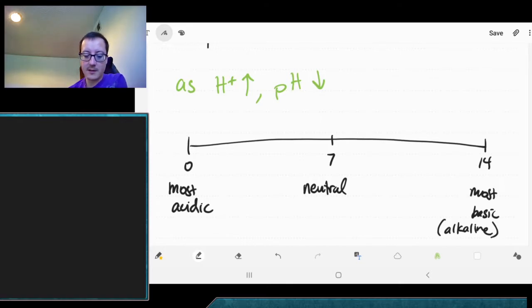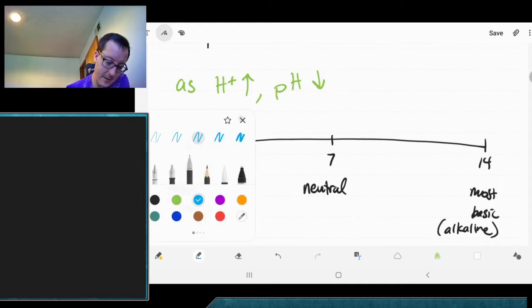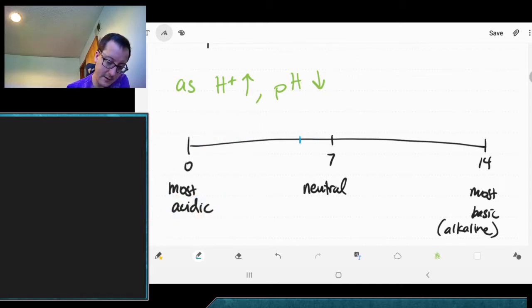Alrighty, so if we just look at these, there's a lot of common things that we might see around here. Around pH, I don't know, 5 to 6 or so, somewhere in there you have rainwater. You have milk around here. Go down to like 4-ish area, that's where you have coffee, sodas, that sort of thing. Go down to 3 or so, that's where you've got your lemon juice.